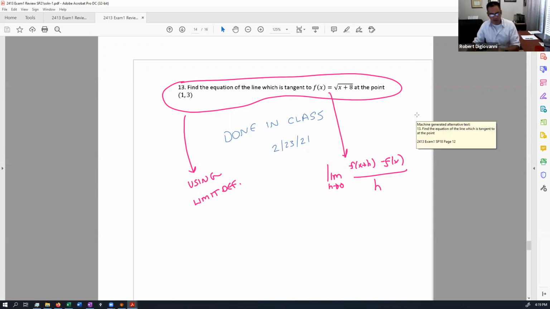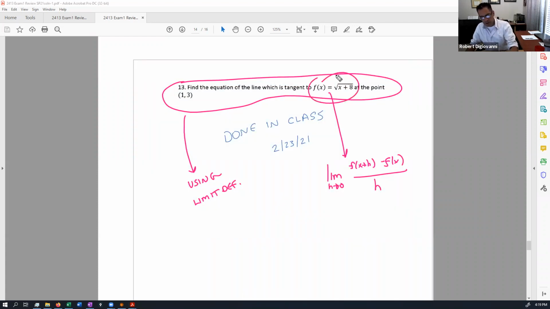Well, I can do it real quick because I'll cheat. I'll use the rules that we're not supposed to. I'm going to do that derivative, and I'm going to use the chain rule. The outer function is the square root function. So the derivative of the square root of something is 1 over 2 times the square root of that something, and then times the derivative of what was under the root, which is just 1.